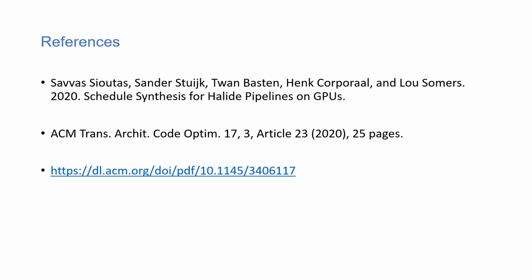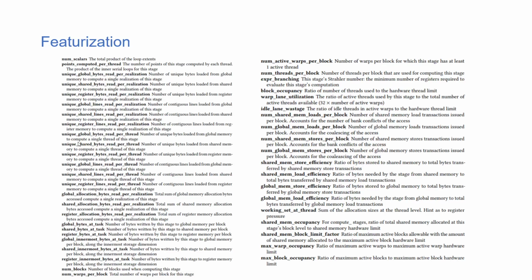Here's the link for the Sioutas paper, which was a baseline for the results. Here are some of the features that were mentioned in the paper. This is Appendix A. It includes information about the GPU, the memory usage, the occupancy, the thread blocks, all the information that was mentioned.